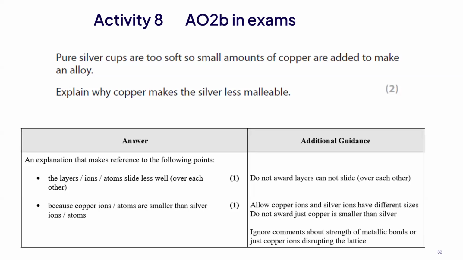And then the second one is because the copper ions or atoms are smaller than the silver ions or atoms. Allow copper ions and silver ions have different sizes. Do not award just copper is smaller than silver. Ignore any comments about strength of metallic bonds or just copper ions disrupting the lattice.